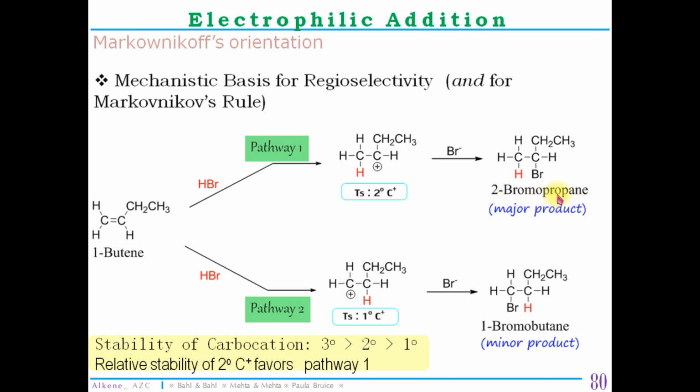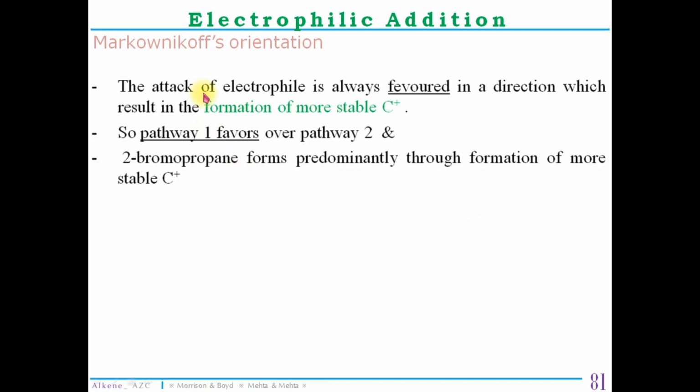So this product is the major product. Attack of electrophile is always favored in the direction which results in formation of the more stable carbocation. So pathway 1 is favored over pathway 2, and 2-bromopropane forms predominantly through formation of the more stable carbocation.